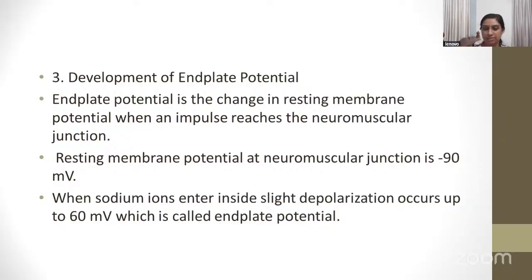Initially it is minus 90. When sodium enters the cell, slight depolarization occurs. It may come to minus 60, which is called the end plate potential. It's minus 60, not 60. Multiple end plate potentials together reach the threshold potential and then the action potential takes place.